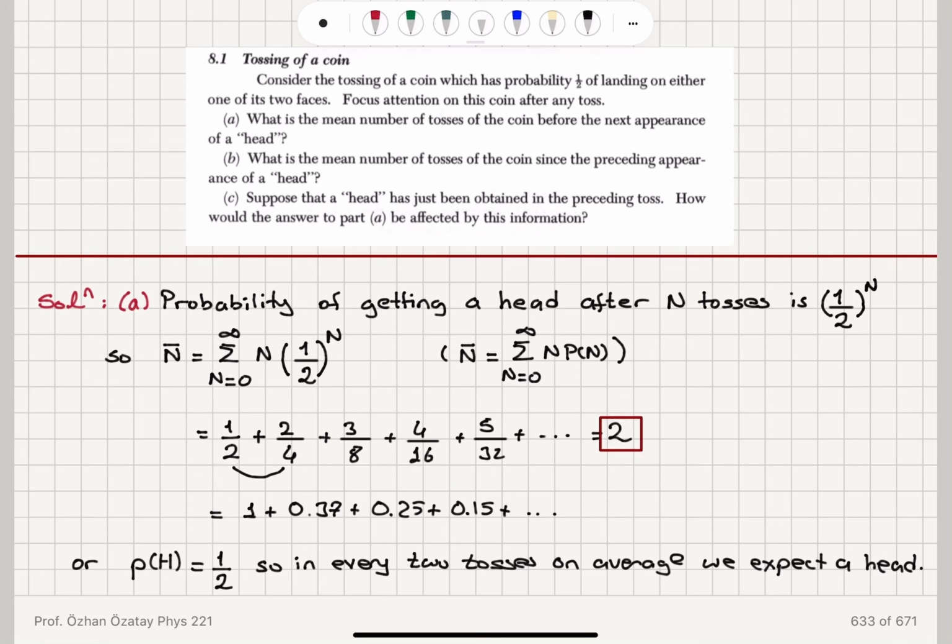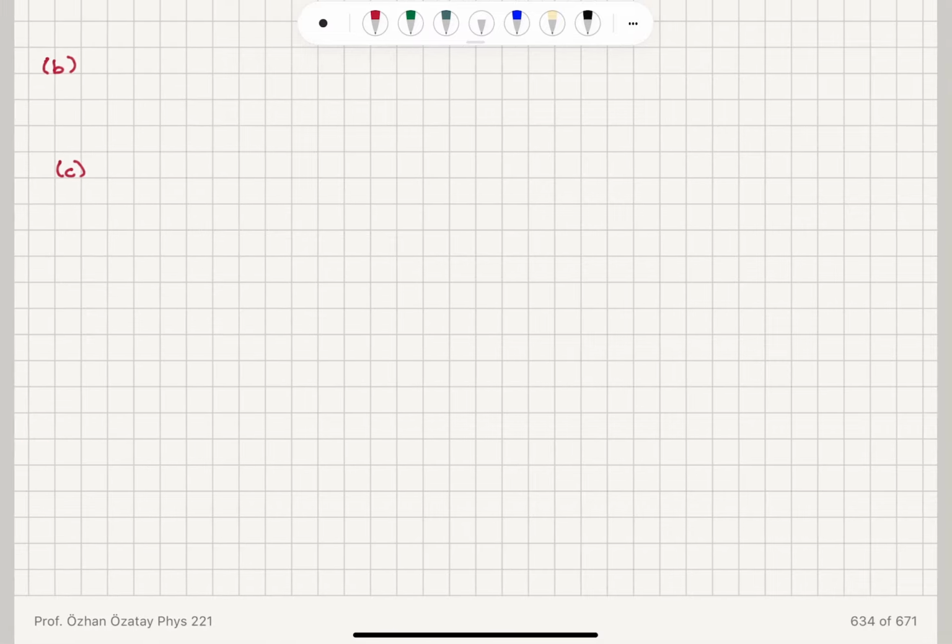What is the mean number of tosses of the coin since the preceding appearance of a head? The result that we obtain here is independent of the history of events.